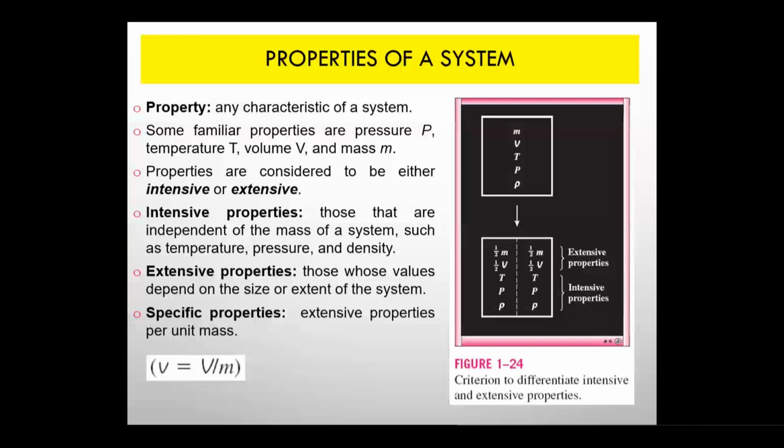Volume is an extensive property which is dependent upon mass. But if I divide it by the mass, which is volume per unit mass, it is expressed as specific volume, which is an intensive property. Clear enough? Similarly, energy. Energy is dependent upon mass. It's an extensive property. But specific energy is energy per unit mass, which is expressed as small e. Clear enough? All right.